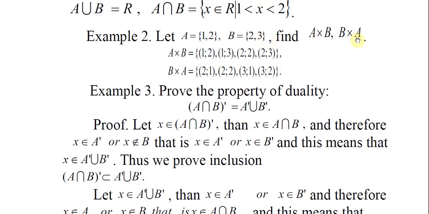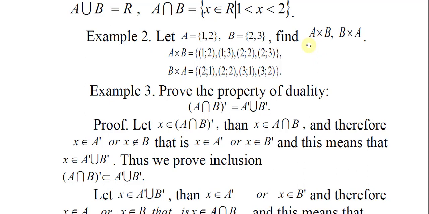If we consider the inverse one, B product A, we call it Cartesian product also.